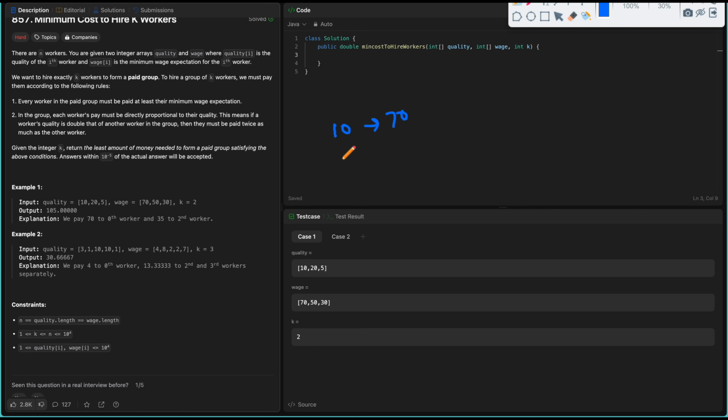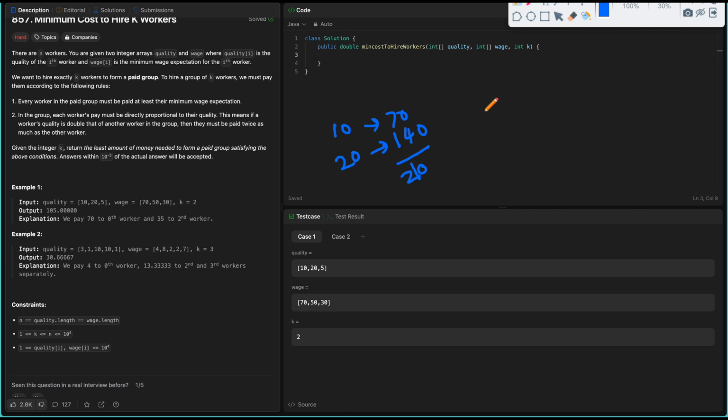And similarly for worker 1, the quality will be 20, so we have to pay at least 140 for it as per rule number 2, but the minimum required from them was just 50. Our total cost for the company will be 210 when it comes to paying the total wage to this paid group.